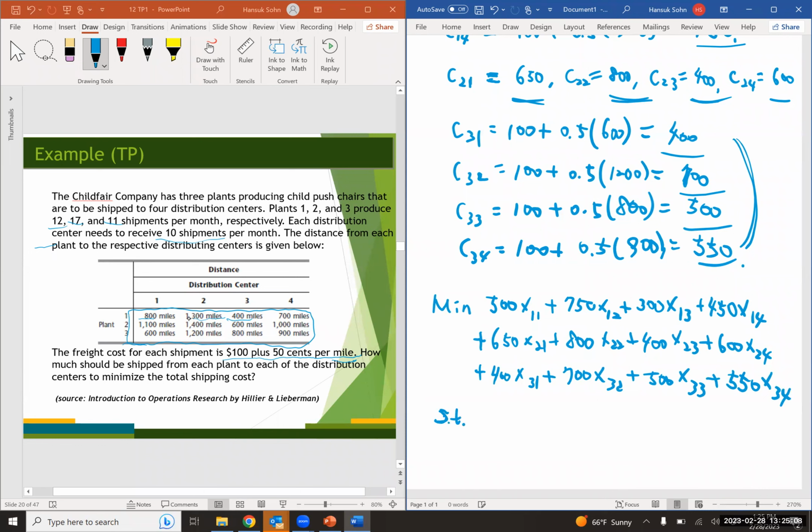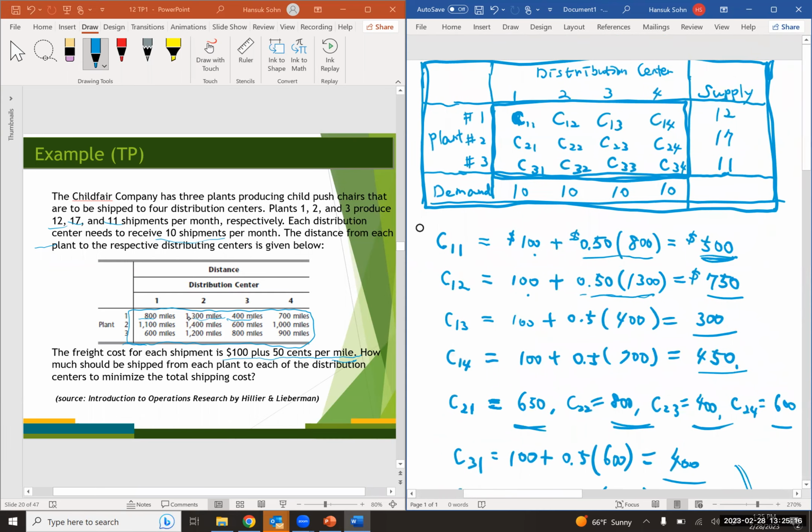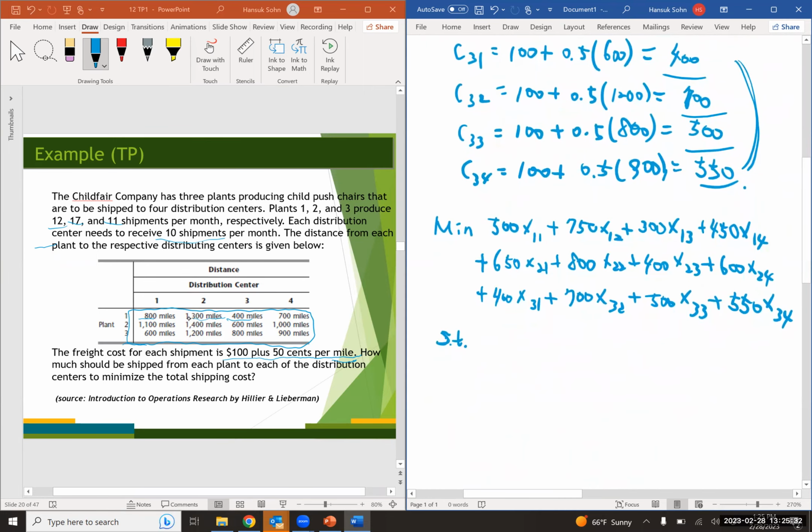And a transportation problem always has two different sets of constraints, right? One is the supply constraint, and the other is the demand constraint, right? So let's consider the supply constraint first. For plant number 1, our supplier number 1, how does it look?